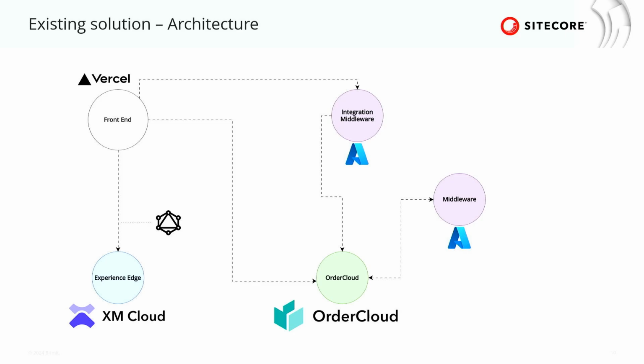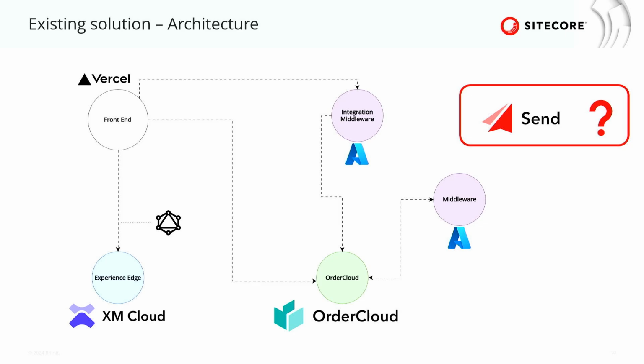And for server-side integrations, we use another service where the frontend doesn't make any calls, but something like webhooks, payment integration, delivery integration, shipping integrations are all implemented there. So it's the high-level architecture of the existing solution, and now we need somewhere to add Sitecore Send here to send transactional emails.